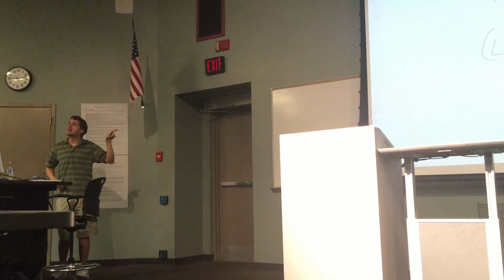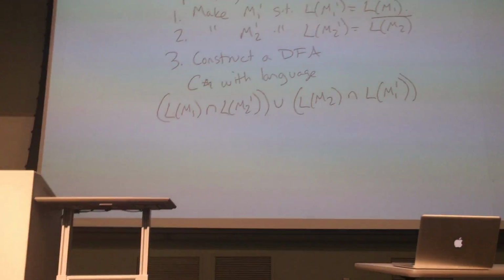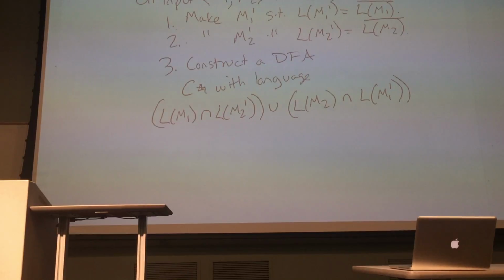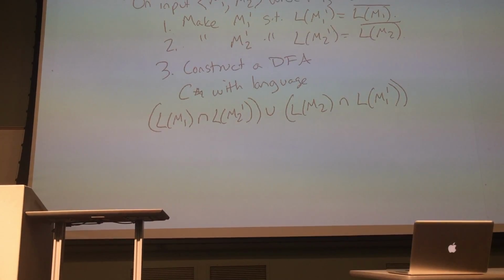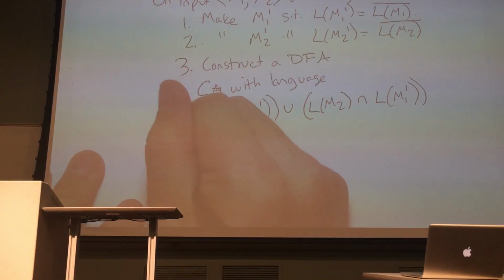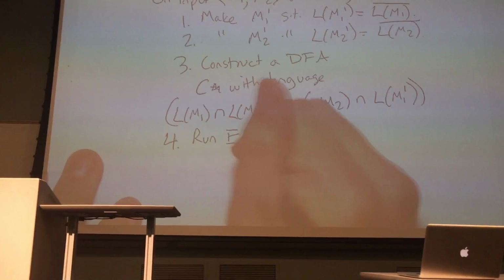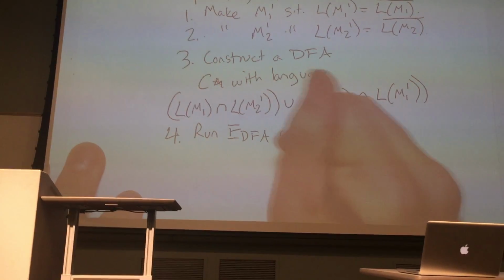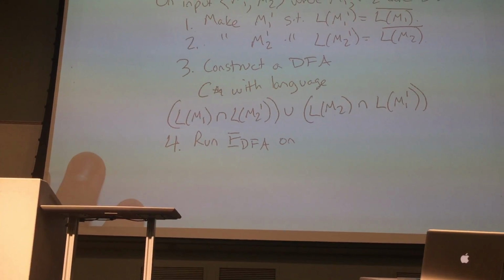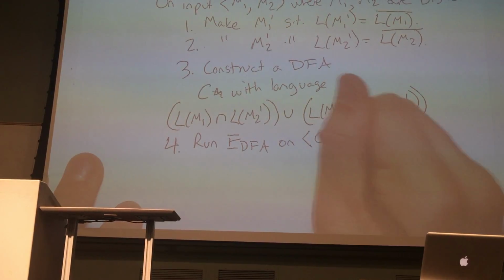And so now what do I ask about C? I want to check, is C's language empty? Oh, do I have a way of doing that? Yes, with E sub DFA. So now, run E sub DFA on C, because remember it only takes one machine.